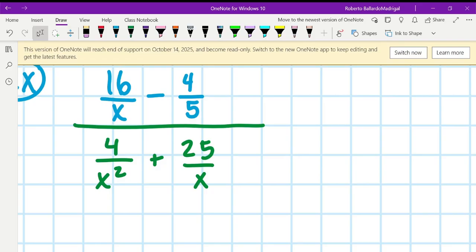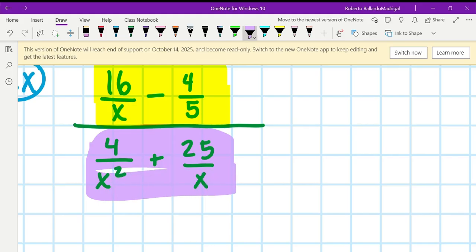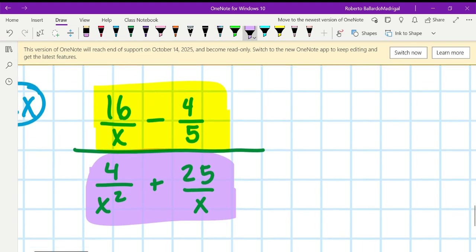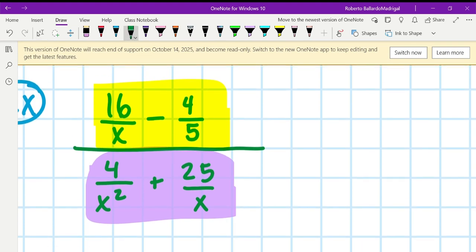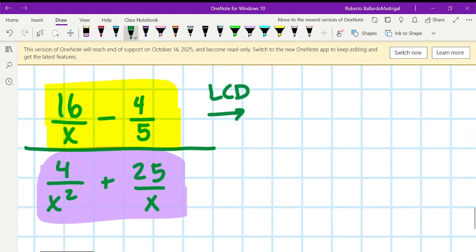First, let's begin by establishing that the top is my numerator and the bottom is my denominator. That way I know this is the top, this is the bottom. Let's deal with them individually. So for the top, we are going to have to do LCD to figure out how to combine this.